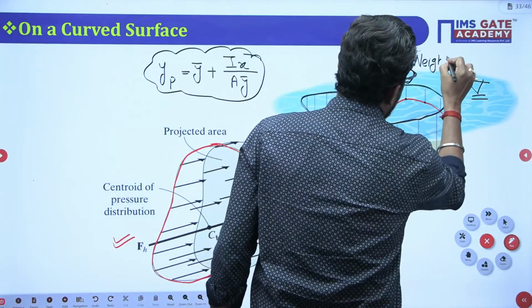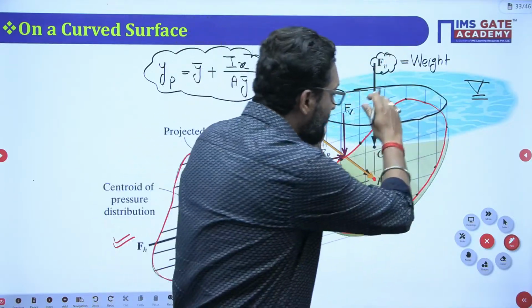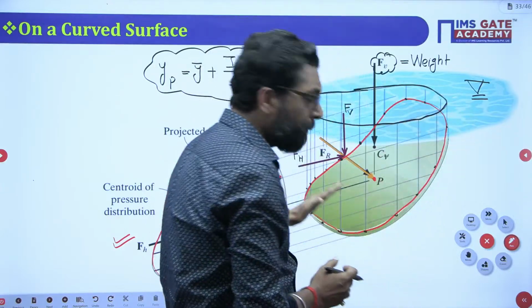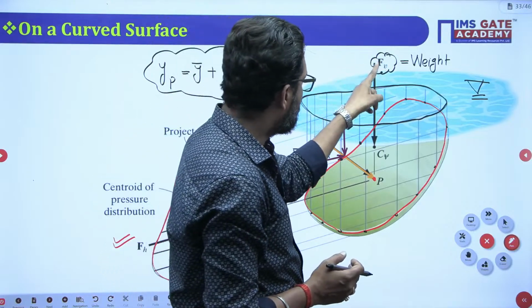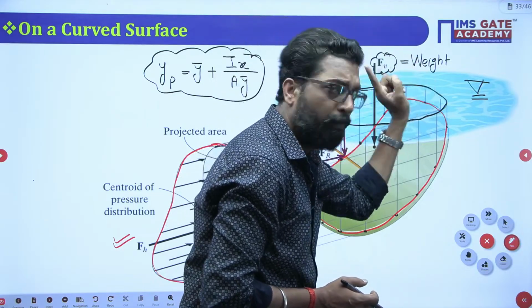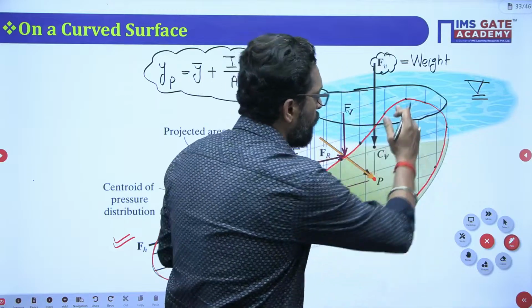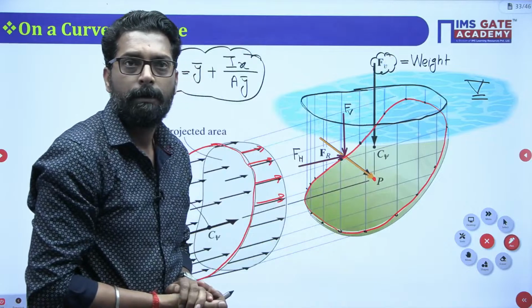It is the weight of the fluid which is contained by this curved surface up to the free surface. I repeat, this force is equivalent to the weight of the fluid contained by this curved surface up to the free surface.